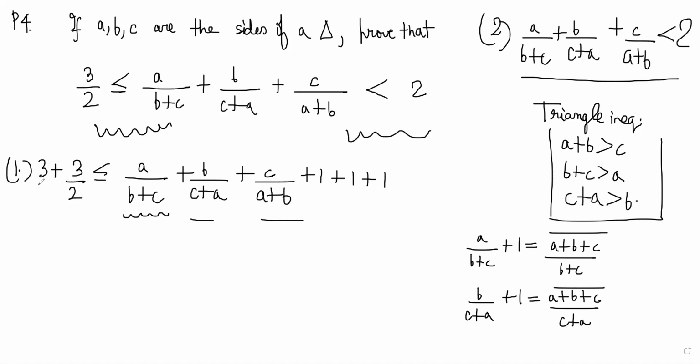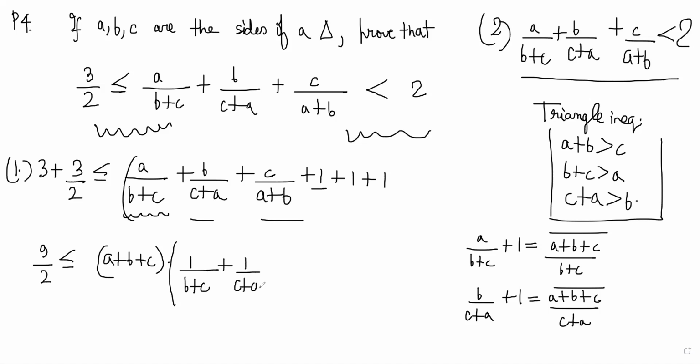Yeah. So this becomes 9 by 2 is less than or equal to what we get is this plus 1 is this. So you can take a plus b plus c common. What you end up getting is 1 by b plus c plus 1 by c plus a plus 1 by a plus b, right? Yeah.